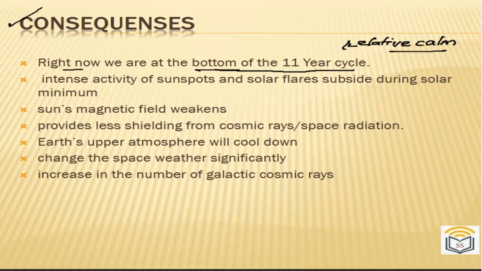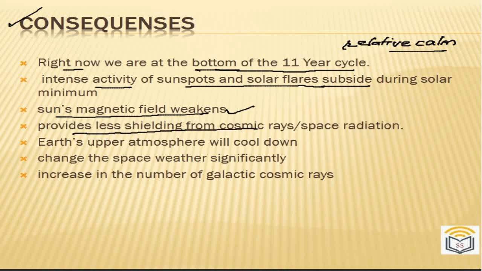It is a regular part of the sunspot cycle. The intense activity of sunspots and solar flares subsides during the solar minimum period, and the sun's magnetic field also weakens at this time. As it weakens, it provides less shielding from cosmic rays and space radiation.